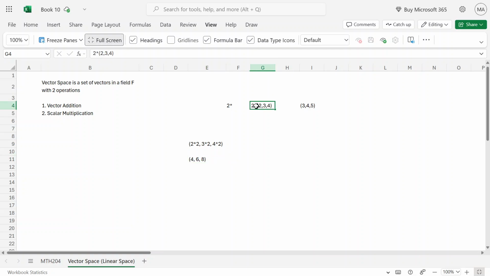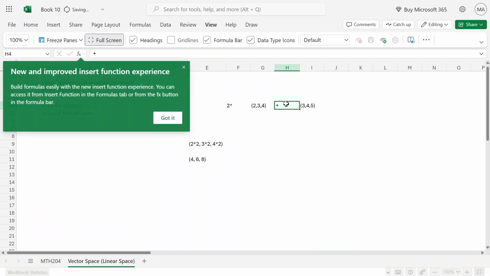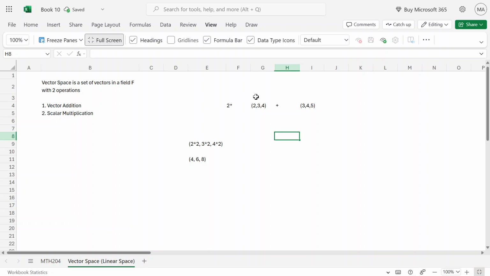So now let's do vector addition. So this vector added to this vector. Let's call this u and this v, so we can now say u plus v.